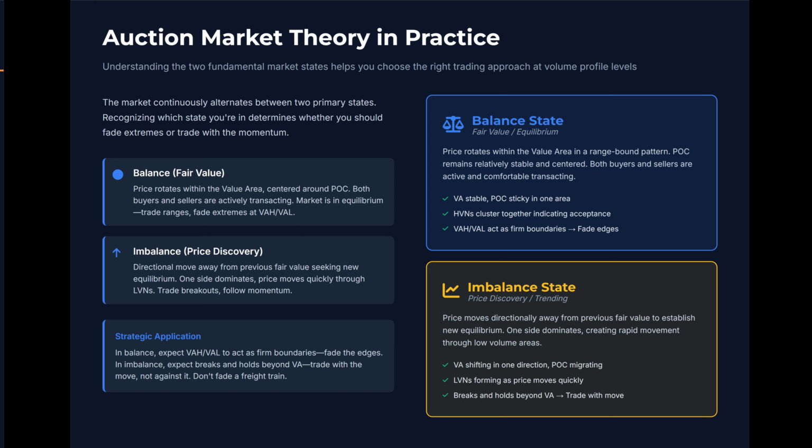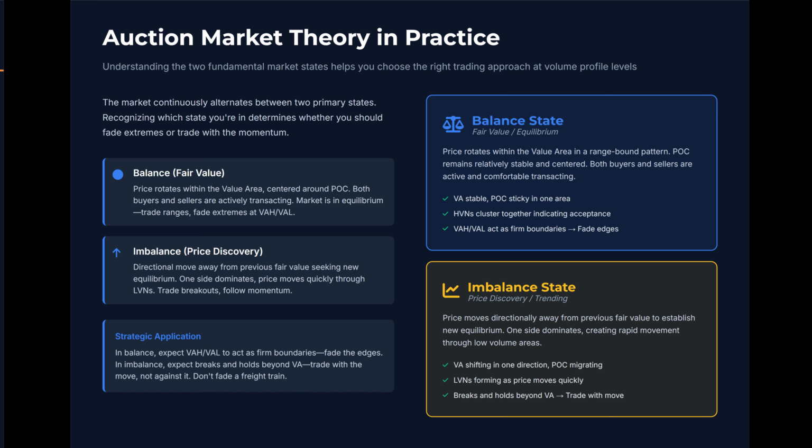Before we dive in, I want to emphasize something important. What I'm about to share is how I've personally interpreted and applied auction market theory after years of trading volume profiles. This is not the only way to think about market states, and it's certainly not set in stone. Auction market theory itself has various interpretations, and different traders apply it differently.